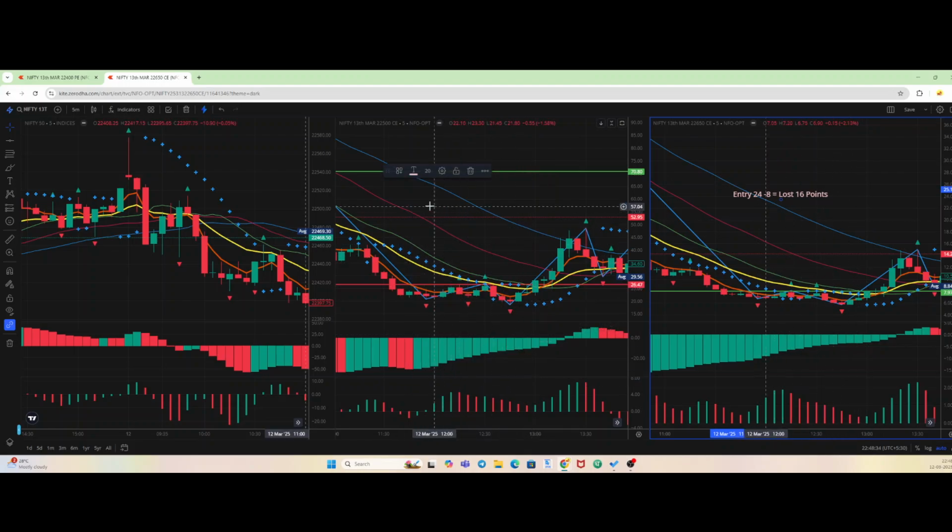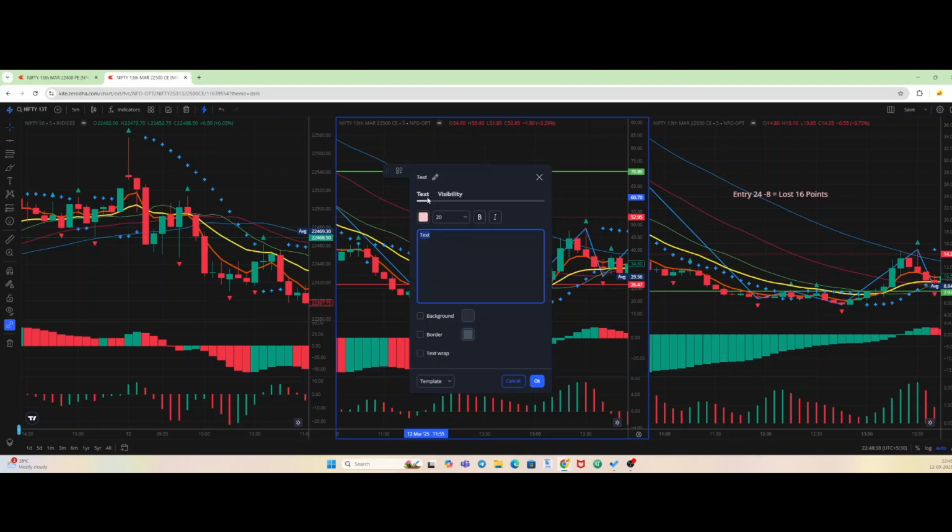Okay, here what we entered, here entered 70 and exited 26.5. Entered 70 minus 26.5 is equal to, so here we booked around 43.5 points. Okay, 43.5 points we booked.